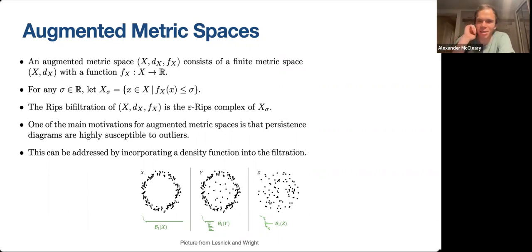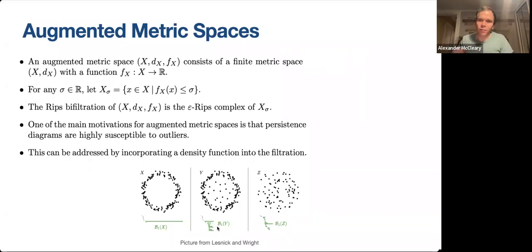Our eyes can detect that, but unfortunately, persistence can't really detect that at all, because those outliers in the middle are highly affecting the persistence diagram. And we can see the barcode here. It doesn't have any long-lived bars at all.